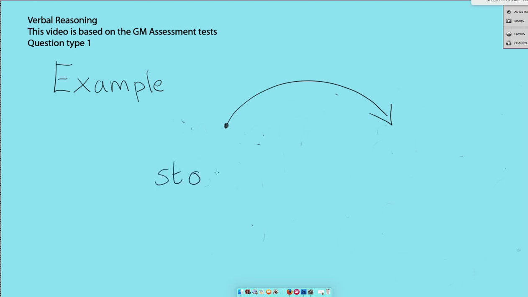Supposing you've got this word, stoop, and the other one is pint. Which letter can you take away from this and still leave a word? Can you take away the P? No. Can you take away the T? No. Take away the S?